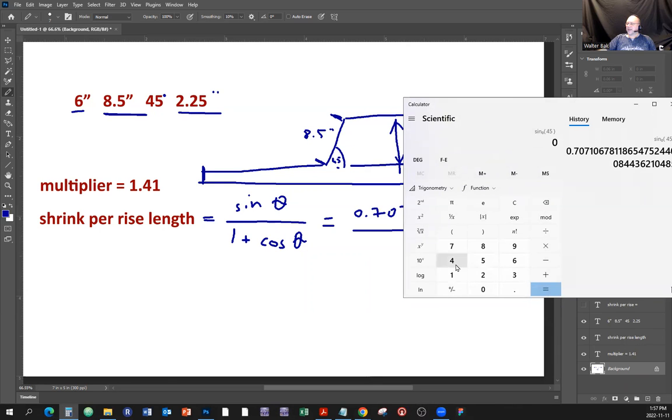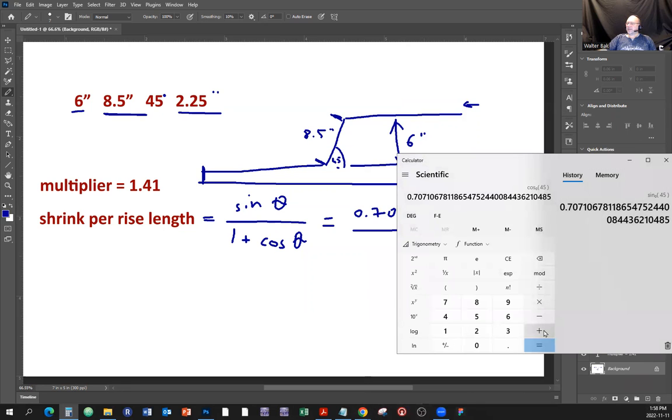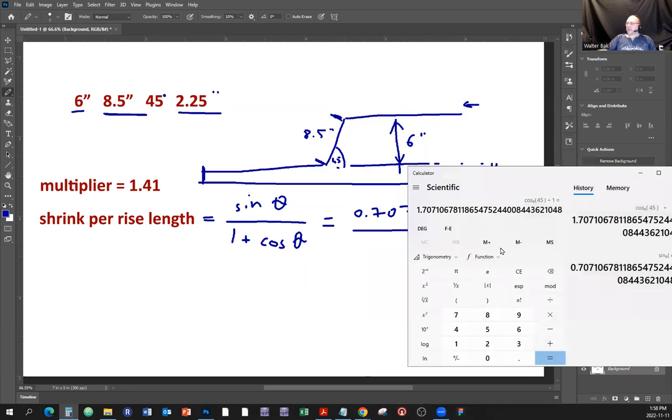Look, 45, trigonometry, cosine. Oh, look, 0.707. All right, but we have to add 1 to it. So we're going to add 1 to this. Plus 1 equals 1.707. Let's put that in the memory. All right, so we have that in memory.